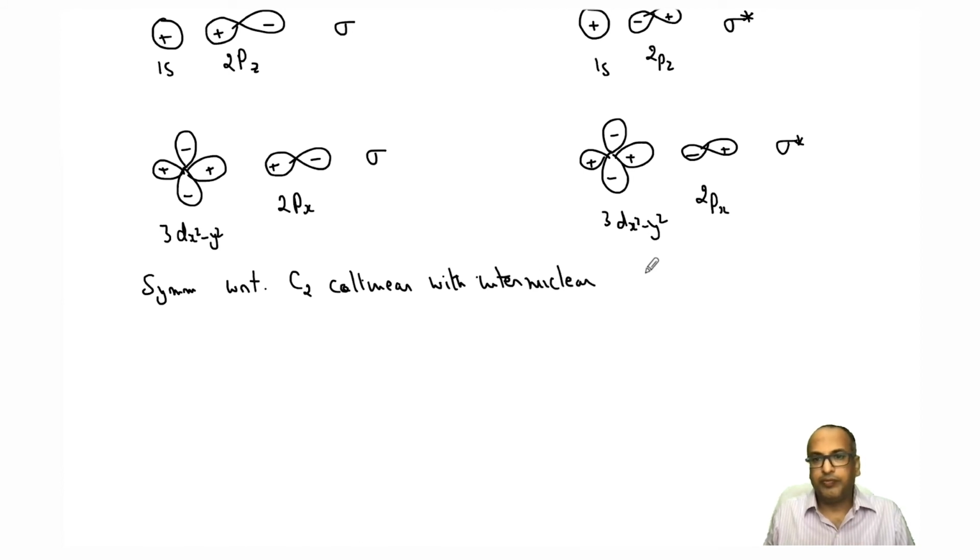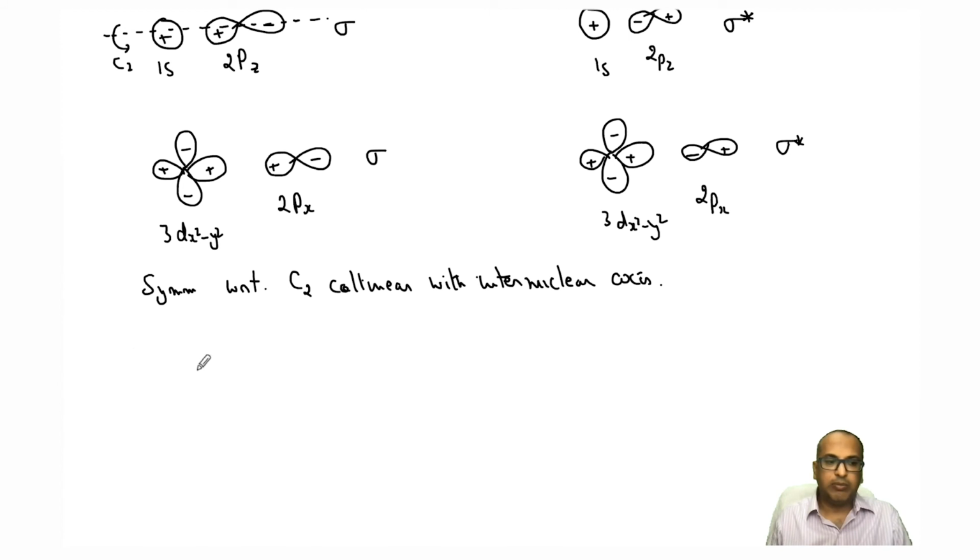So if you pass an axis through this, my internuclear axis, and you do a C2 operation, this will be symmetric, right? So sigma, sigma star interactions are symmetric with respect to C2, which is collinear with the internuclear axis.